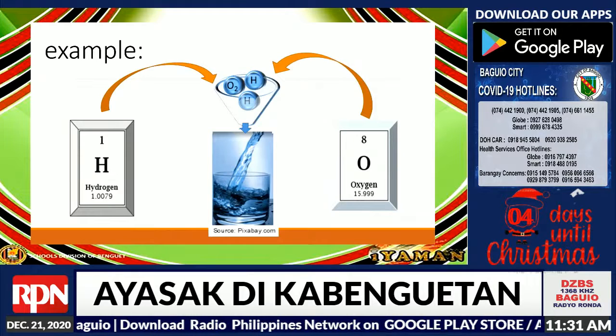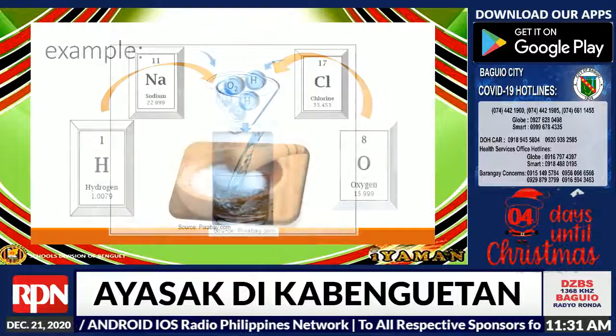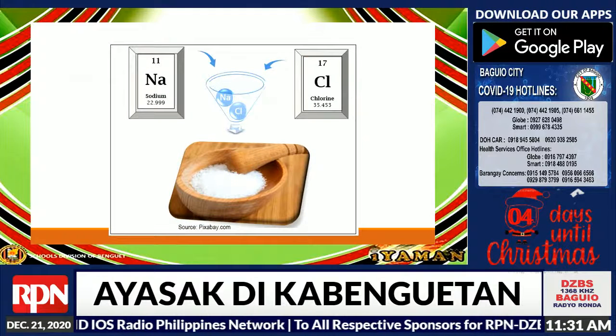When sodium combines with 1 electron of chlorine, they form a compound we commonly call salt. So salt is an example of a compound which is formed by the combination of a representative element. Salt is a common compound which is formed from the combination of 2 representative elements.